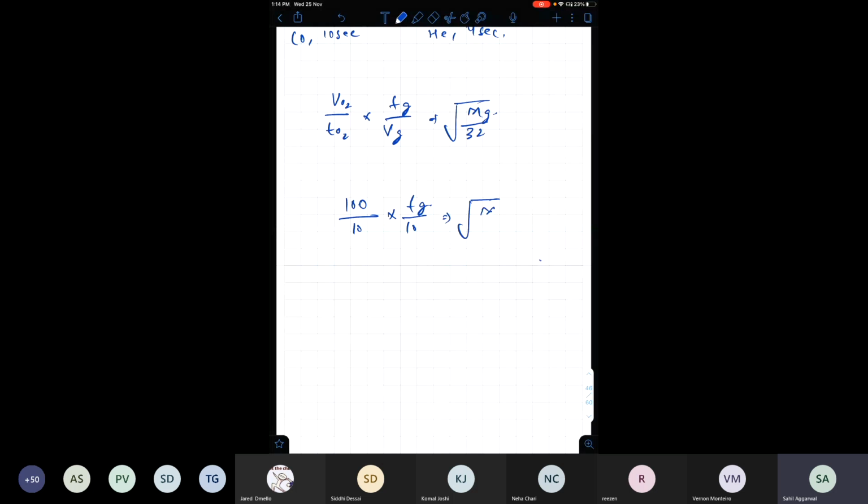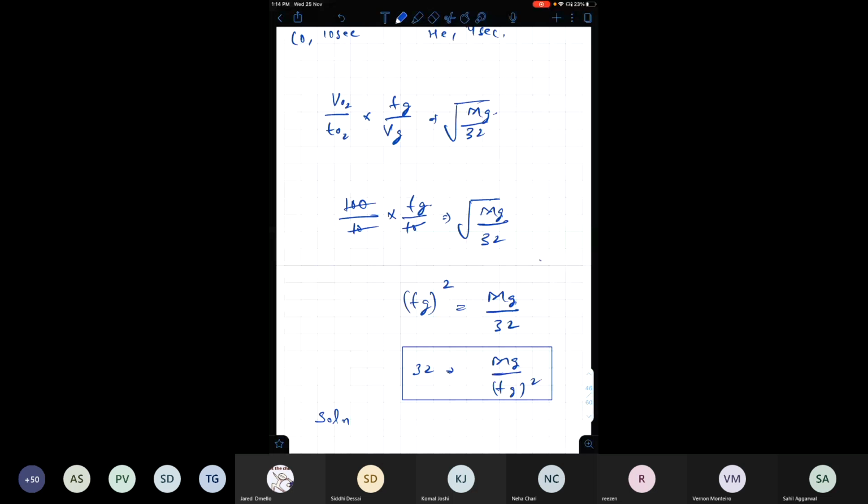Will be equal to mass of gas divided by 32. This will get cancelled out. T of gas the whole square will be equal to mass of gas by 32. So 32 will be equal to mass of gas by T of gas whole square. Now put all the values and solve. On solving you will get A as the answer.